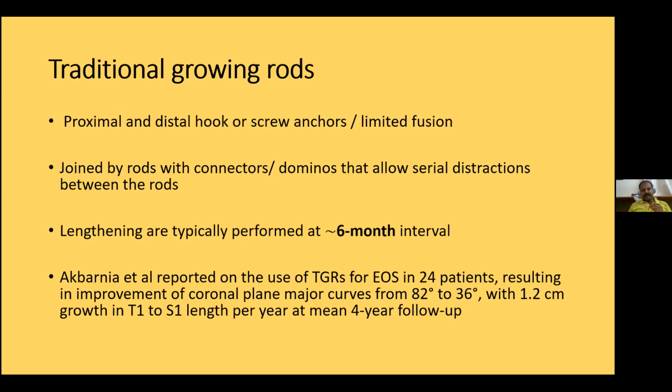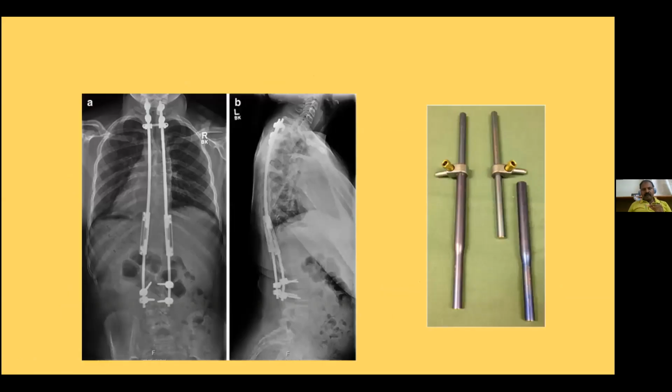Akbarnia has the largest study for the growth rods, and his results show about an 80-degree curve has been brought down to 36, and the average growth is about 1.2 centimeters in this study with 4 years follow-up.